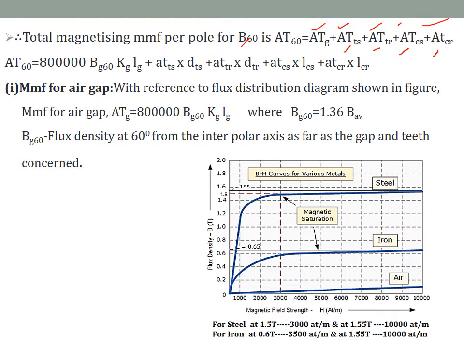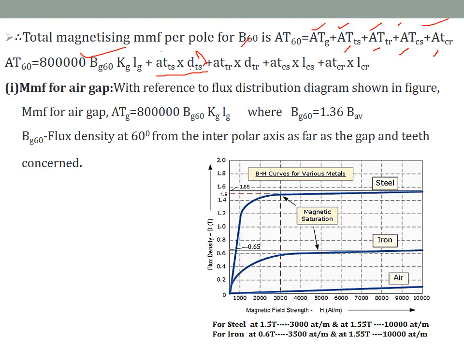Now AT60 is equal to: ATg is calculated using the equation 800,000 Bg60 Kg Lg, and capital ATts is calculated using the equation capital ATts equals small ATts, the ampere turns per meter, multiplied by the depth of the stator teeth, the actual height in meters.